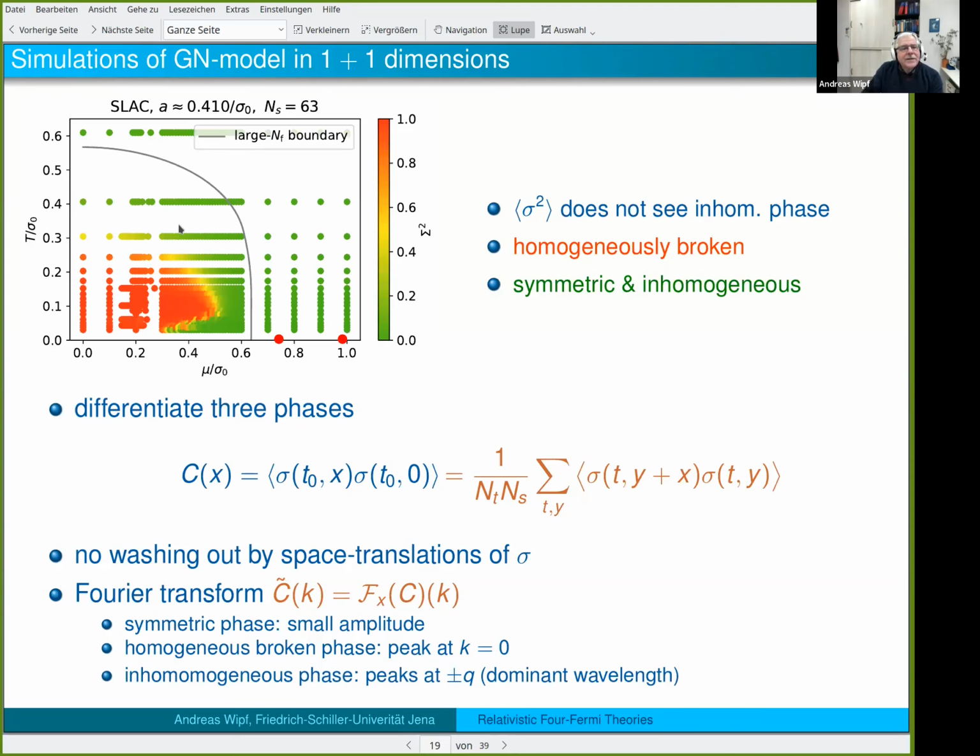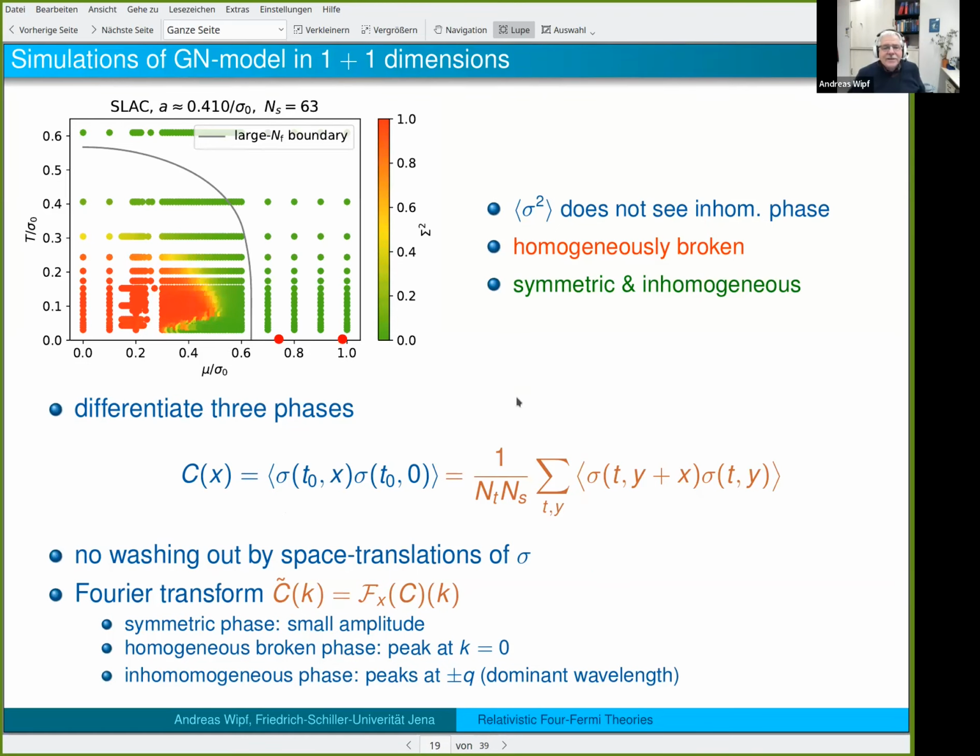And the green one is almost 0. Of course, it's never 0, the sigma squared, but it's very small. So you see here what is expected, the two homogeneous phases, the broken phase and the symmetric phase. Now, this observable is not good enough to discriminate between homogeneous condensates and inhomogeneous condensate.